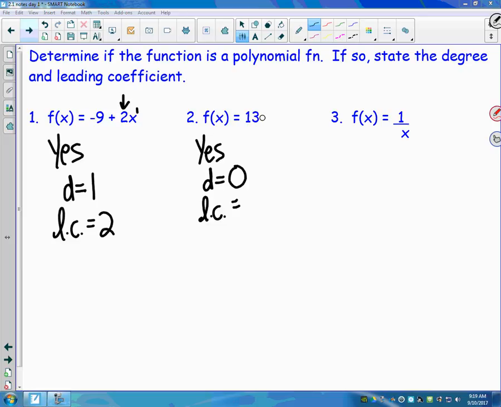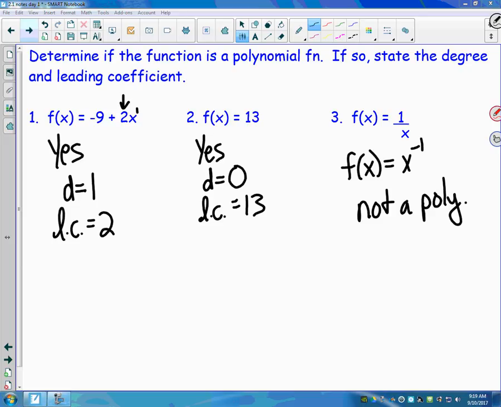But if the degree is 0, and that's with the 13, then I'm saying the leading coefficient is 13. Okay? What about this guy? If we rewrote that as an exponent, that's x to the -1. So having x's in the denominator of a fraction is not a polynomial function. That's a rational function. So this one is not a polynomial. Okay?